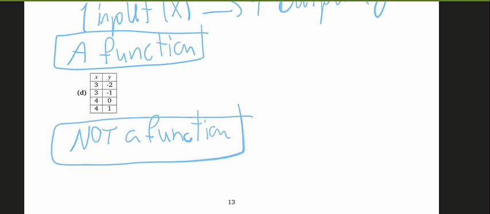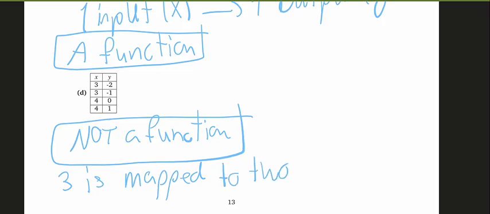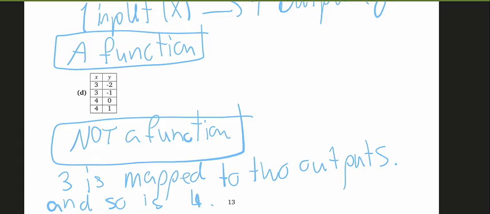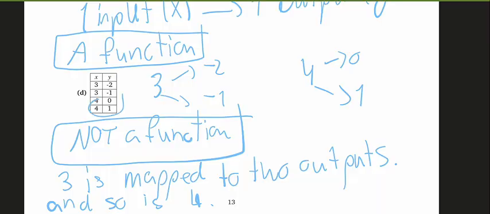Take your pick: 3 is mapped to 2 outputs, and so is 4. 3 gets negative 2 and negative 1, no good, and 4 gets mapped to 0 and 1. No good. So just take a look at these two little blocks, and each block is enough to violate the cardinal rule of this being a function.